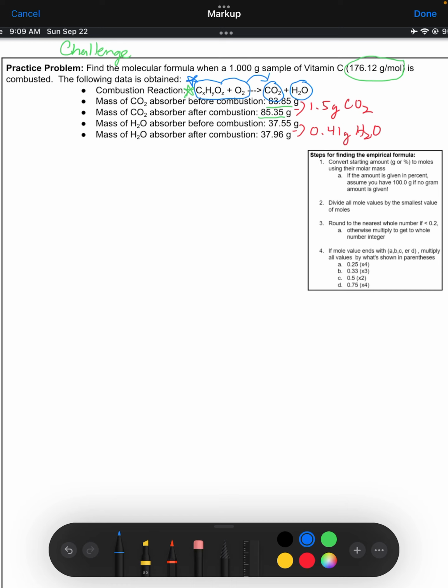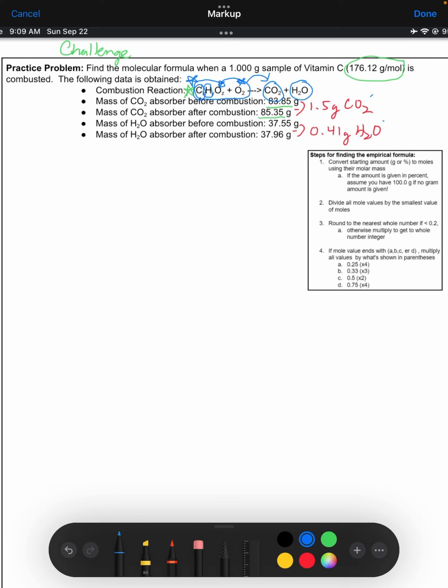And it's very helpful that that's the case, because we can use those two pieces of information about carbon dioxide and water to figure out exactly how much carbon we started with and exactly how much hydrogen we started with. And then we'll just have to extrapolate a little bit for oxygen, because we see that oxygen is actually in two places in that reaction.